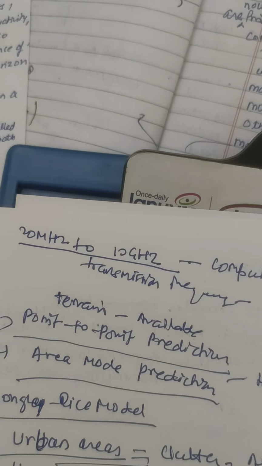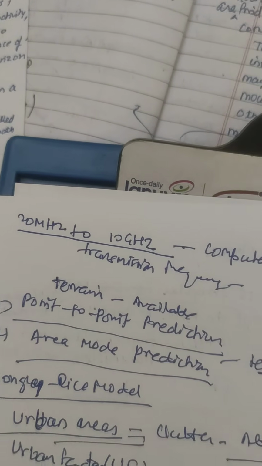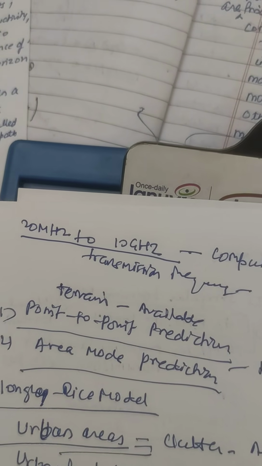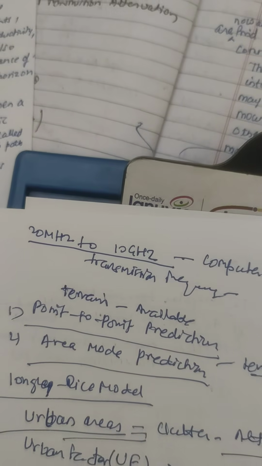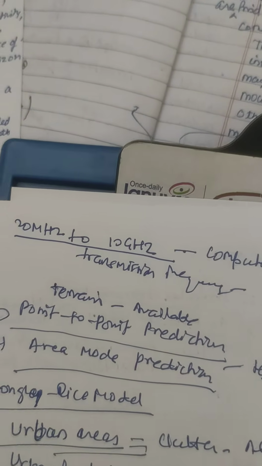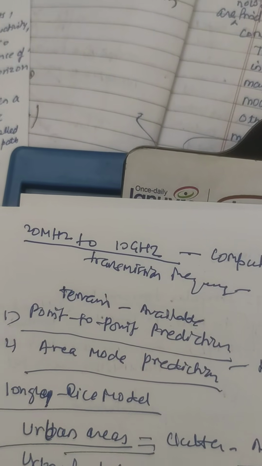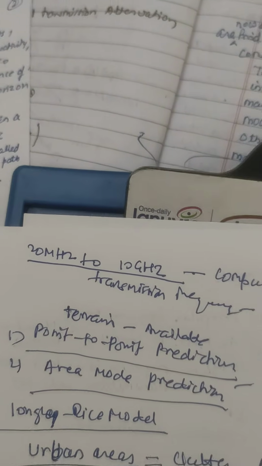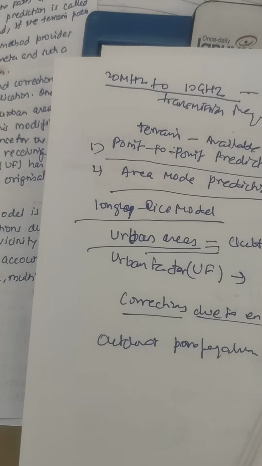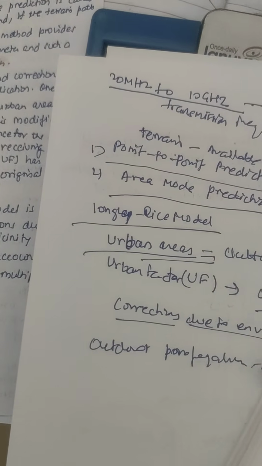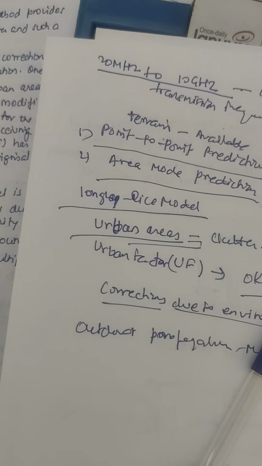And there are trees, buildings, hills, deserts, water bodies. These are also taken into consideration. The outdoor propagation models give so many models, but these three models are important, and we have already seen the Longley-Rice model.